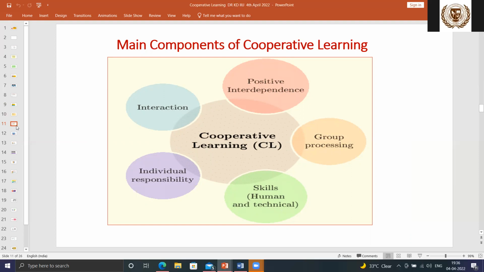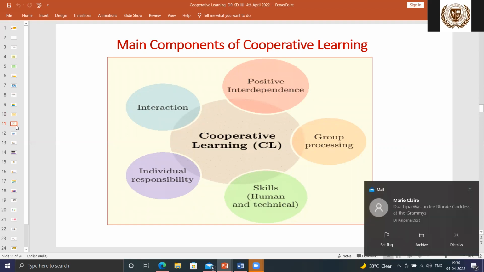So they are motivated to learn collectively and cooperatively. Then group processing. It is a group process because they have to work in a group, they have to solve the question, they have to discuss the query, and they have to find out the ideas. And then skills, human and technical.